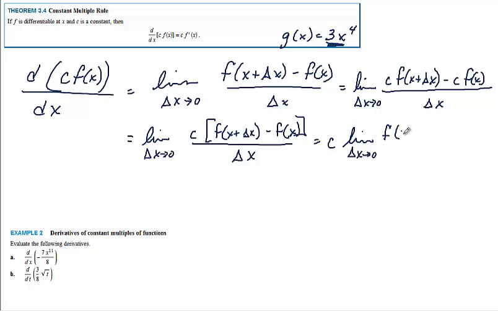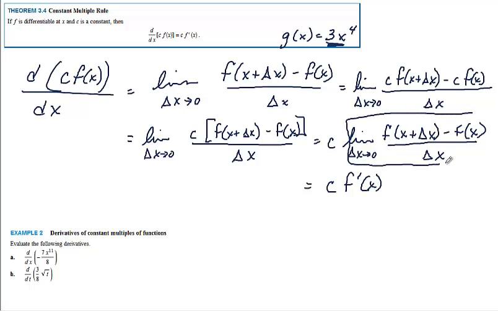And I now have, which still looks pretty messy, but what I have is this equals the constant times your derivative, because this chunk here is the definition of the derivative. So if I have a constant times my function, I can just say that it is the constant times that function's derivative.